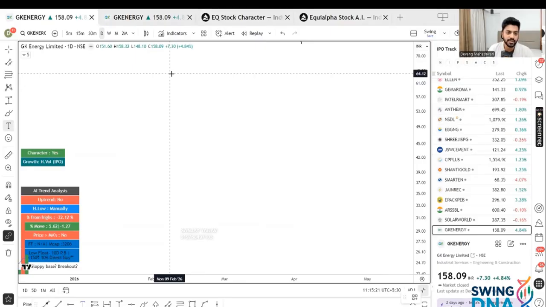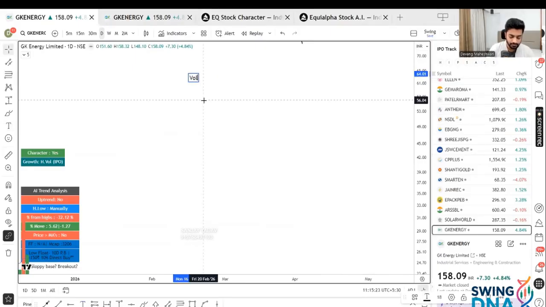So IPOs by nature are volatile because they are in a price discovery mode. For the first time they are listed on NSE, BSE, where a lot of people are now trading.